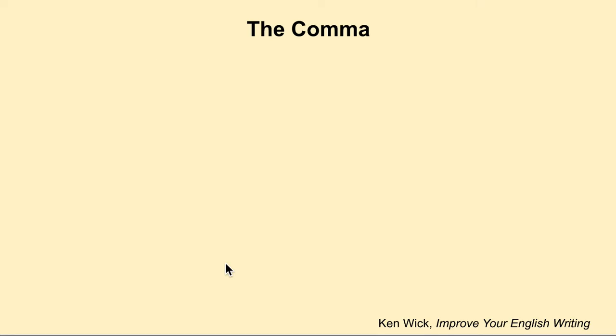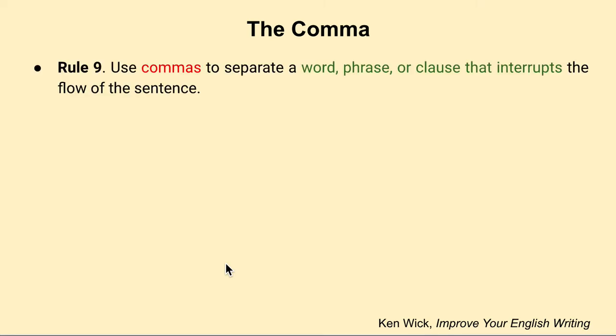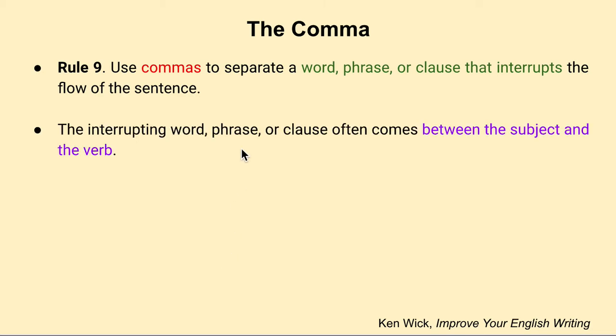Rule number 9: Use commas to separate a word, phrase, or clause that interrupts the flow of the sentence. The interrupting word, phrase, or clause often, though not always, comes between the subject and the verb. Some examples.